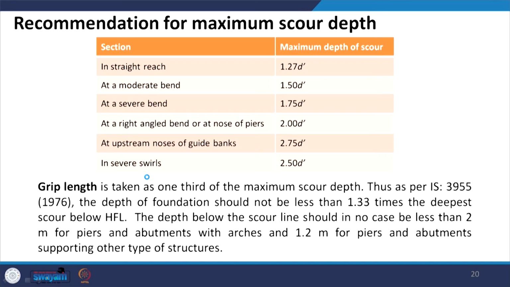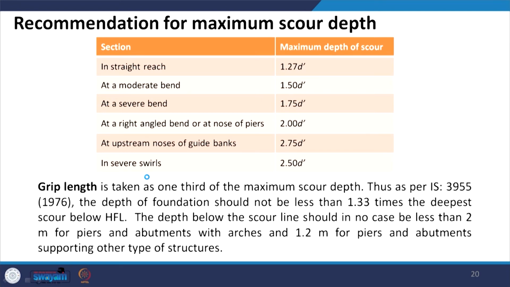So, depending on your situation, you can find the value of maximum depth of scour, which can be obtained depending on the value of D. The grip length is taken as 1/3 of the maximum scour depth, which we have already discussed.